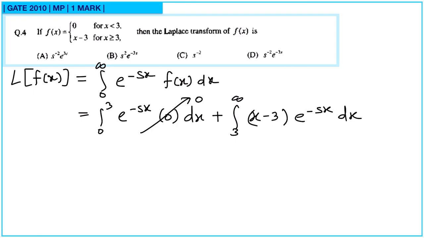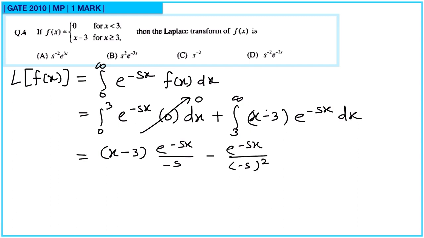This first part will be 0. So for the integration of this we can apply the UV rule here. So first, x minus 3 e raised to minus sx upon minus s, minus e raised to minus sx upon minus s square, and the derivative of x minus 3 will be 1, and it is going from 3 to infinity.